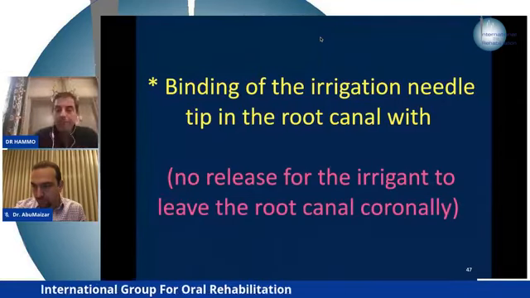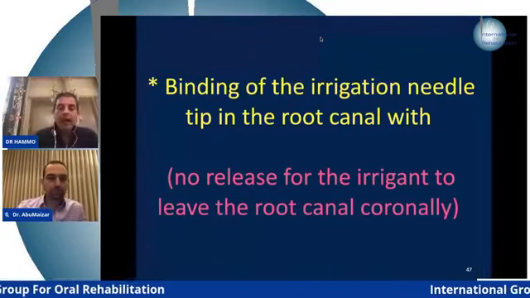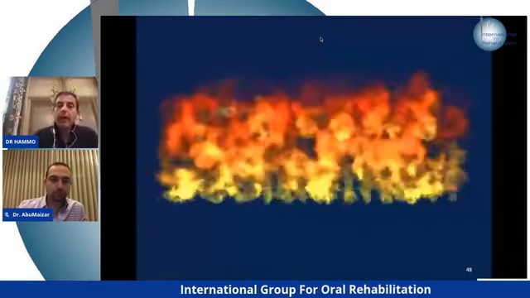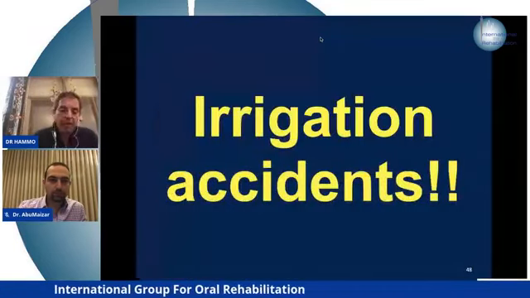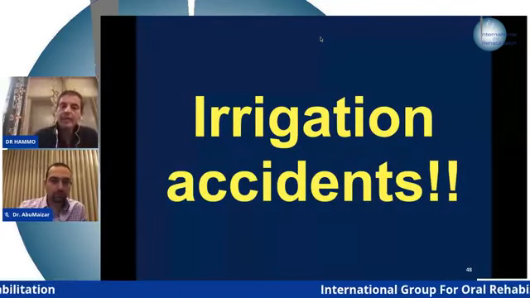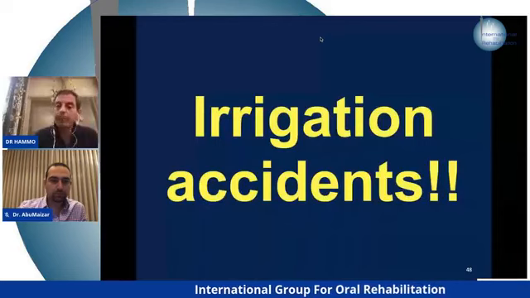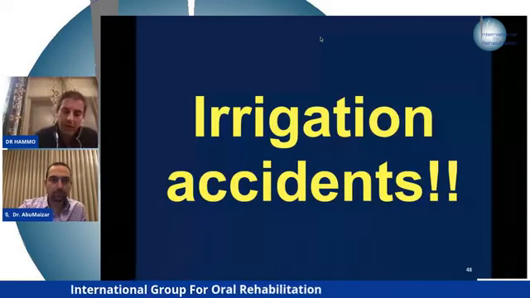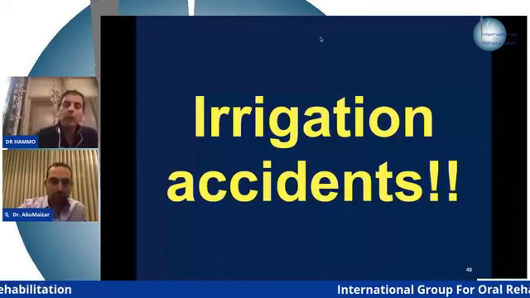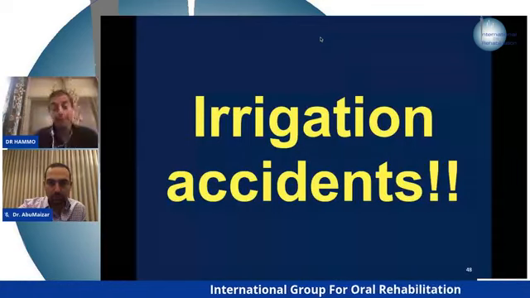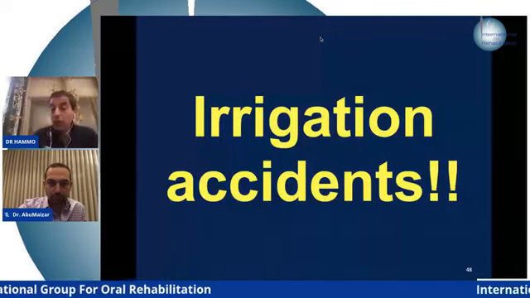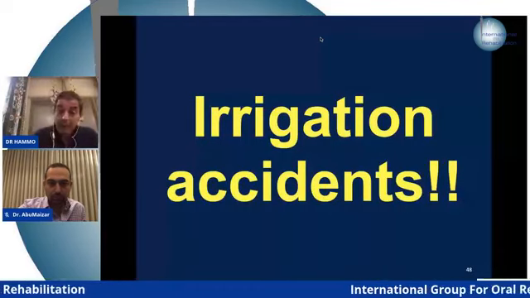And I believe personally, there are two reasons to have irrigation accidents. First, excessive pressure. Second, our needle stuck inside. I don't believe over enlargement of the canal or wide apex will cause an irrigation accident, because I'm using sodium hypochlorite, full concentration in open apex.